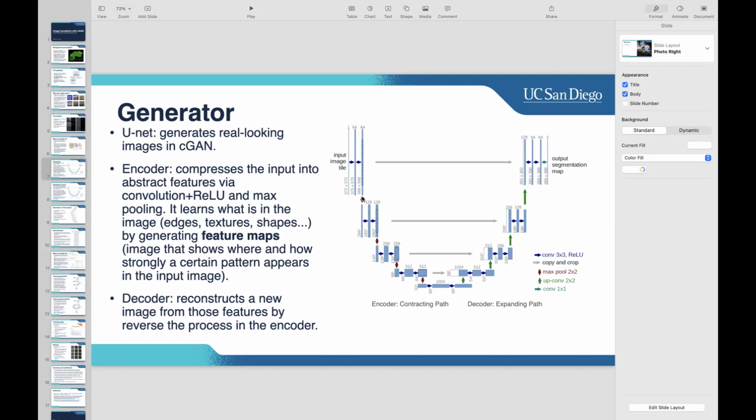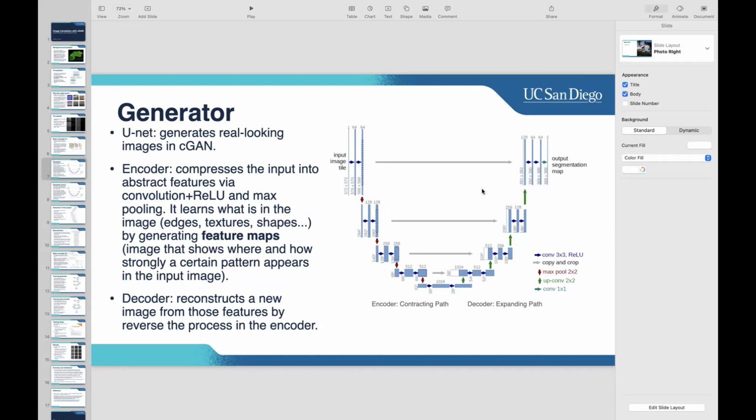So it learns what is in the image by generating feature maps. The numbers here are the number of feature maps in each level of convolution and max pooling. These feature maps are basically like an image that shows where and how strongly a certain pattern appears in the input image.